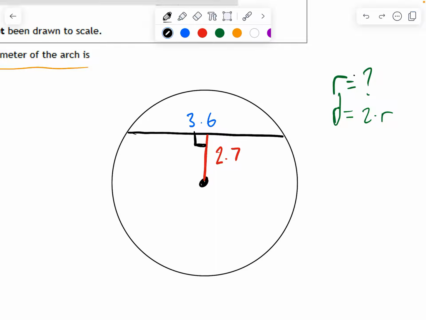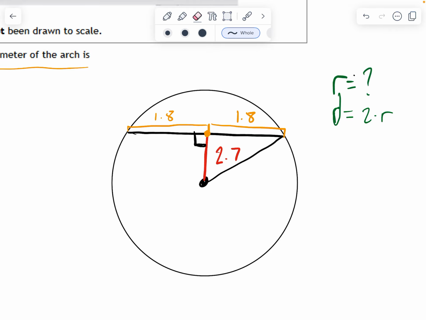The point where that 2.7 hits the 3.6 beam, that is the midpoint. So we can break that 3.6 apart and say, okay, half of that is going to be 1.8. So the distance from here to here is 1.8. Likewise, that distance is 1.8. The total is 3.6.